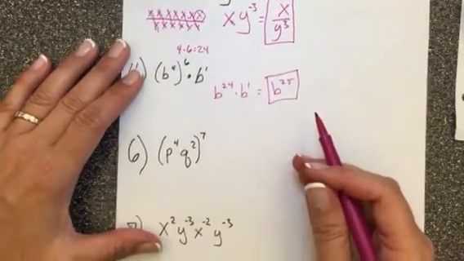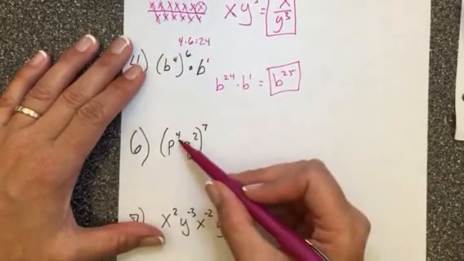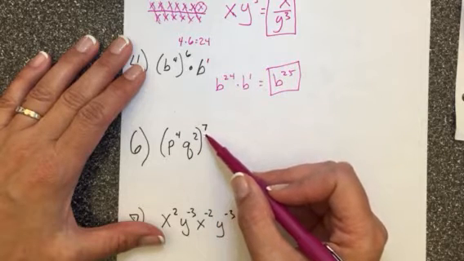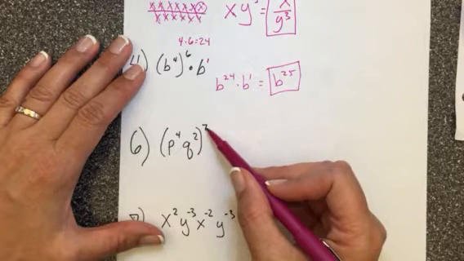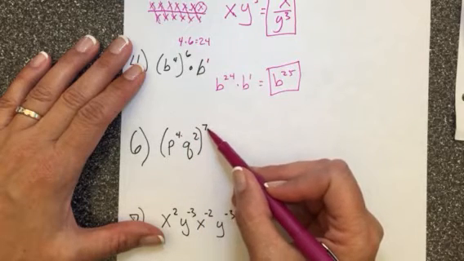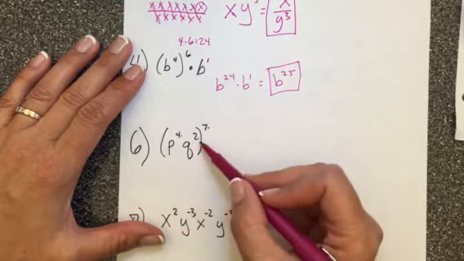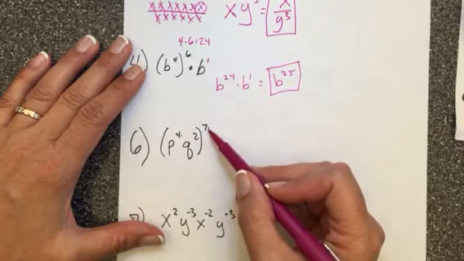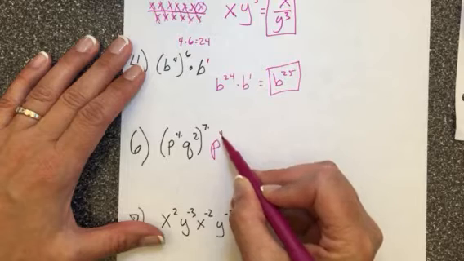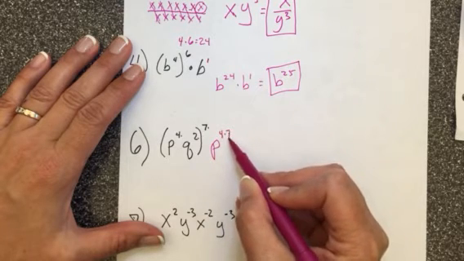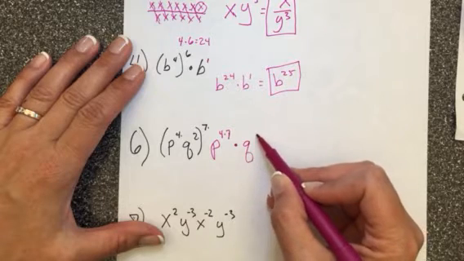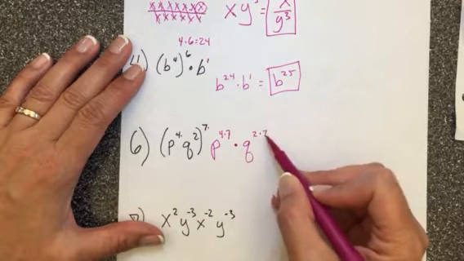And then problem number 6 is p to the 4 times q to the 2, all raised to the 7th power. So I need to modify this power and this one because this entire expression is raised to the 7th power. So it's going to be p to the 4 times 7 times q to the 2 times 7.